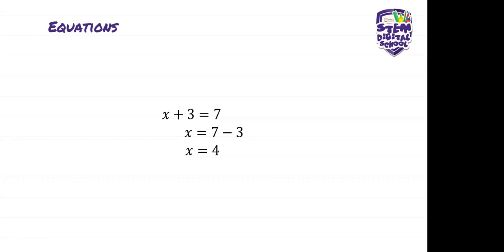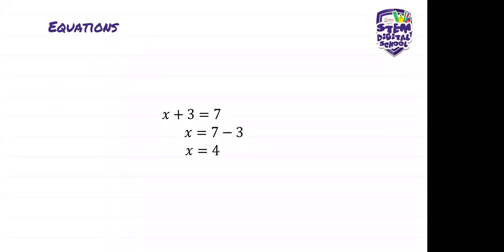So you can tell that once you take 3 from the left-hand side to the right-hand side, you can see already that the positive 3 there has changed the sign. It is no longer positive, but negative 3. And of course, 7 minus 3 will give us 4. That is how you solve for x in this instance.